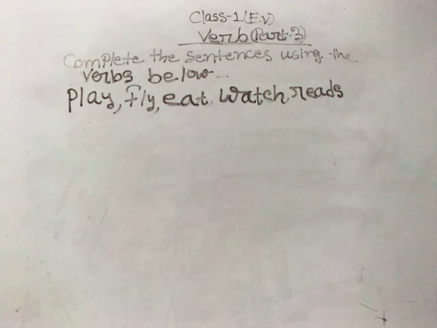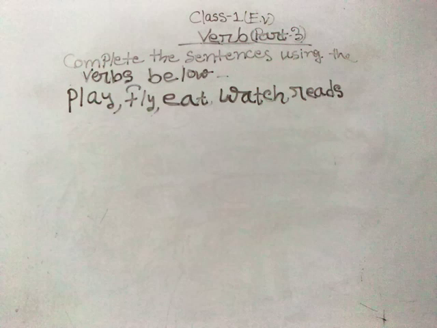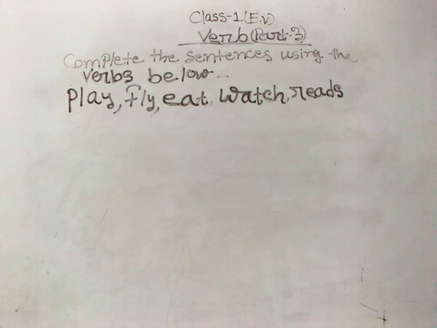So here, the very first word is play. Play means to take part in any game. We all know. Fly means to fly something, and eat means to take any food. Watch means whatever you see with your eyes.